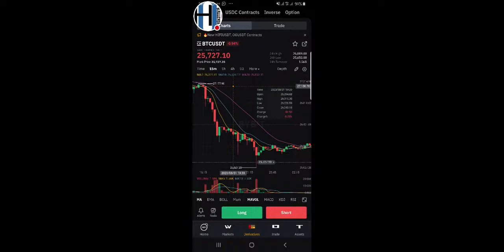So the moving averages are back now. You can see the average movement is around 26327. You see the trade lines that depict the moving averages.